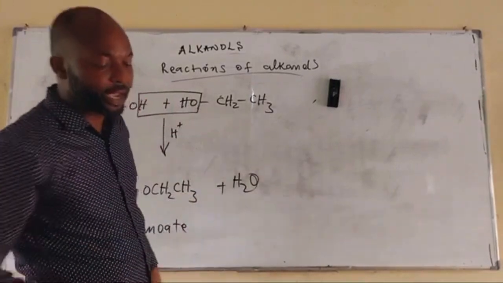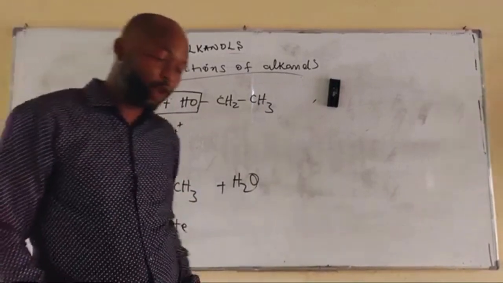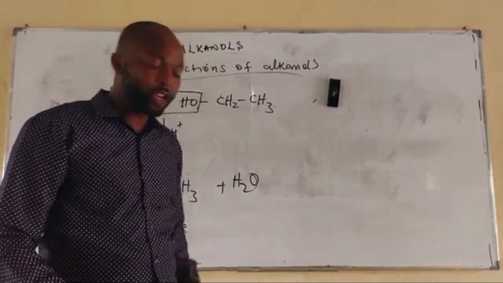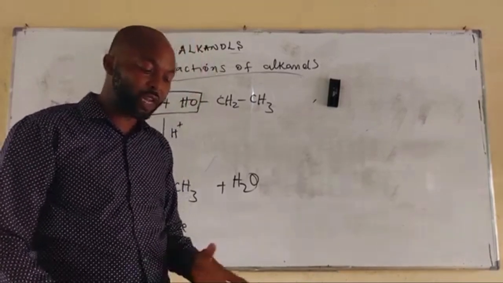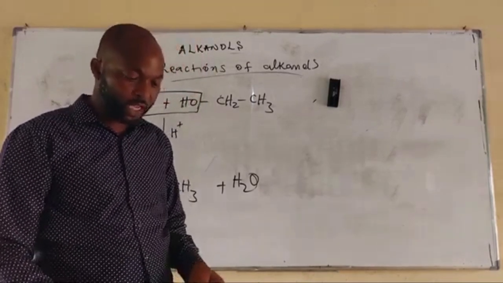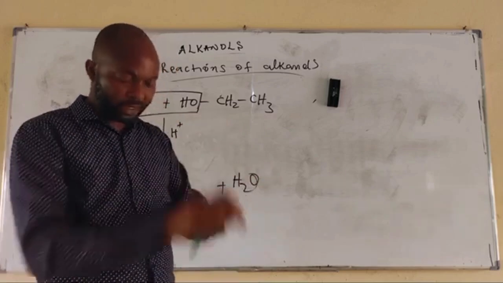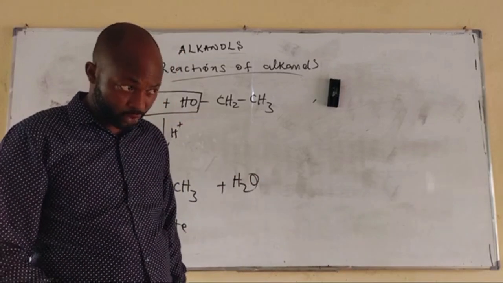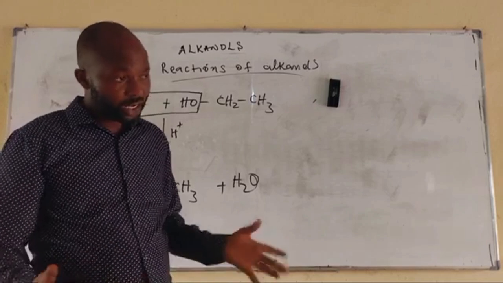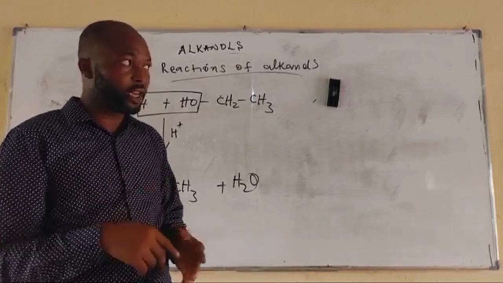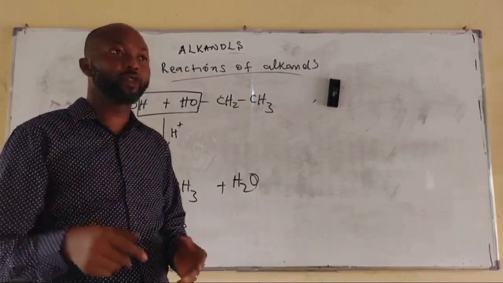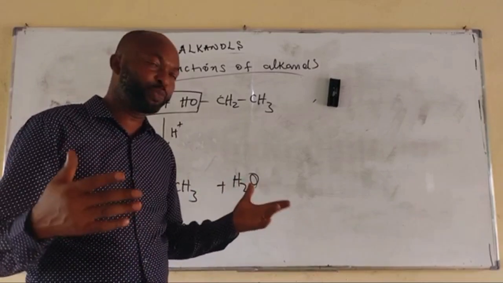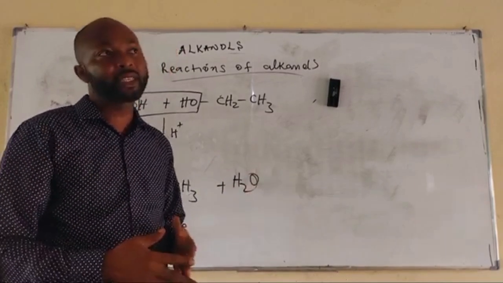So I say, when a mixture of ethanol and ethanoic acid is warmed in the presence of concentrated H2SO4 as a catalyst, the products are water and a sweet-smelling compound called ethyl ethanoate. And that is it. So do not forget what we've done so far about alcohols, that they are compounds that have the hydroxy group attached to a carbon that is sp3 hybridized.